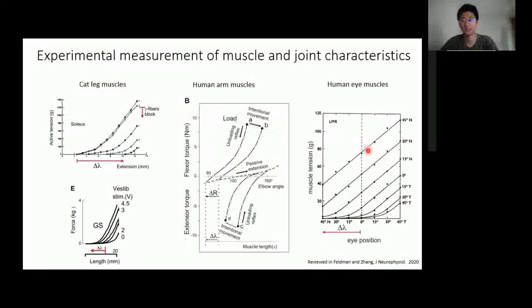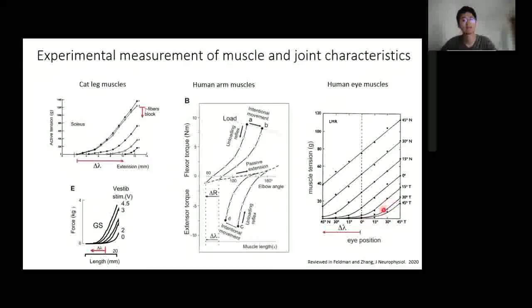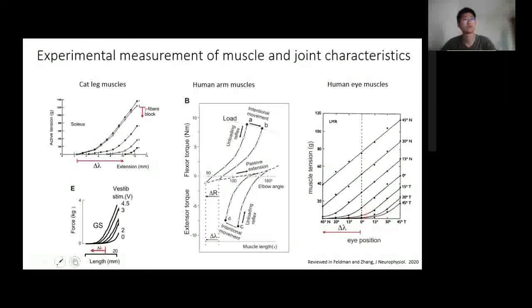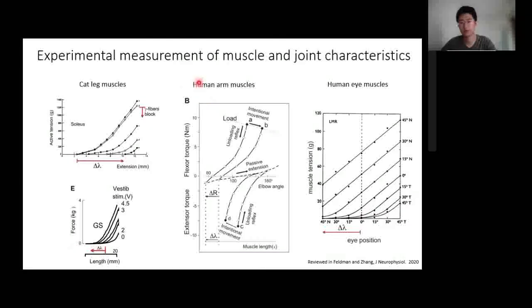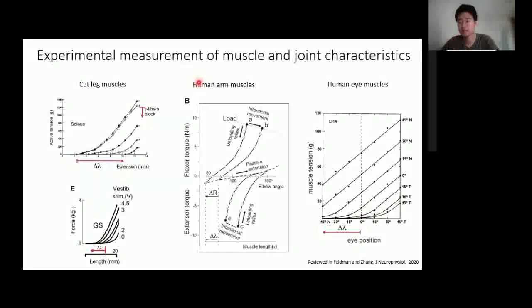Then they ask the patient to look at different angles, plotting the x-axis as the eye position, and they simultaneously measure the muscle tension, and also by passively stretching the eye muscles, they get these kinds of exponential curves. So we see that this exponential nonlinear spring property is universal in human and cat muscles.